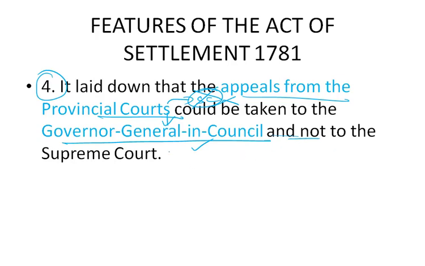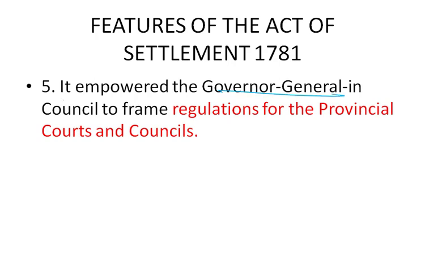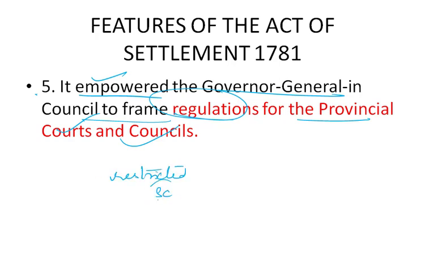The fifth point is that the Governor General in Council is empowered to make rules and regulations for the provincial courts and the provincial councils. So this act restricted the power and authority of the Supreme Court to the highest degree. This is about the Act of Settlement 1781.